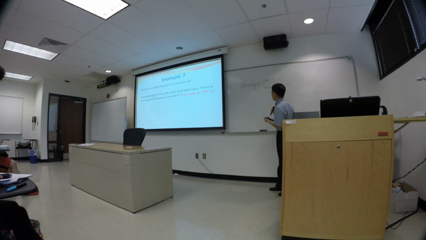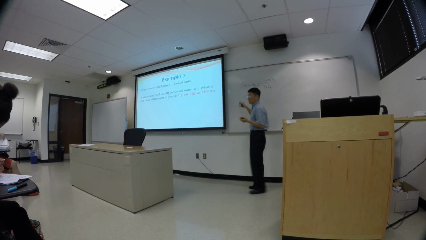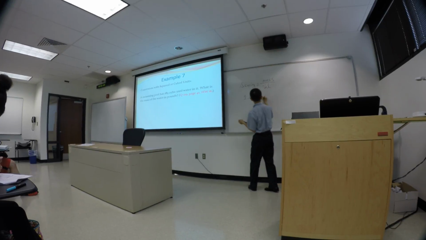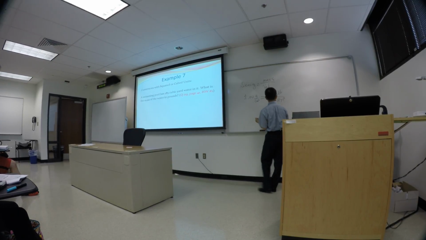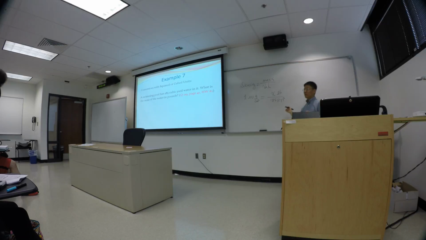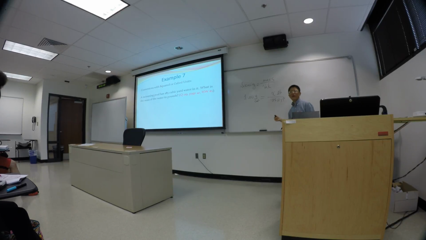So what we have here is 1.00 gram per cubic centimeter as the density for water, equals X pounds over 185 cubic yards. Now you can't do this because gram, cubic centimeter, pound, cubic yard, the units are not canceling out if you plug in the numbers directly.